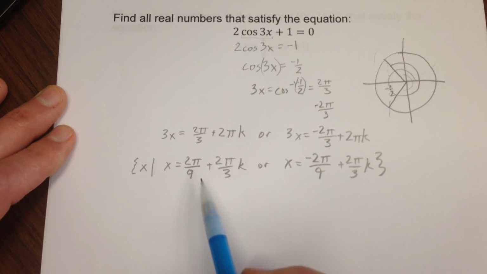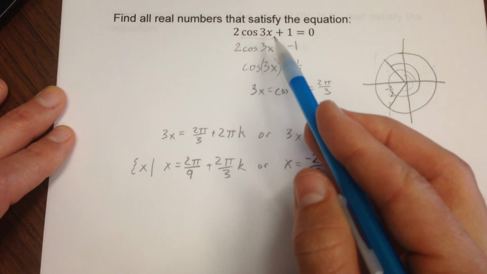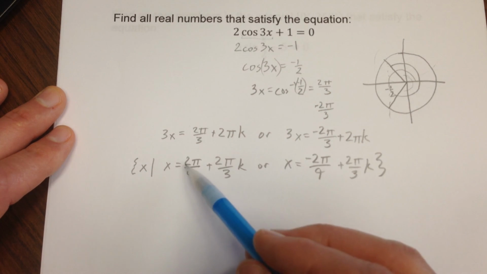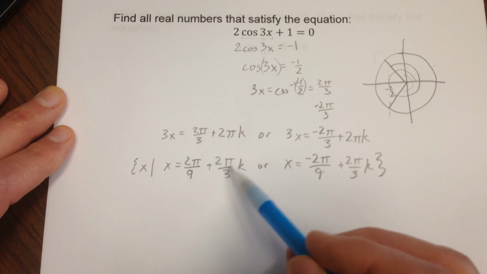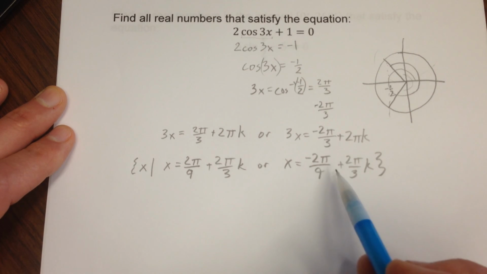You really ought to convince yourself that this is true. Take the value 2 pi ninths, plug it in here, make sure that this whole left side equals 0. Or take 2 pi ninths plus 2 pi thirds, put it in for that value, or any of these. But this is the set of solutions.